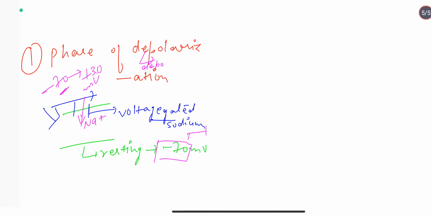Now one very important point here: this stimulus which allowed the opening of voltage gated sodium channels is known as the threshold stimulus. So what is a threshold stimulus? In very simple terms, it is the minimum amount of stimulus.